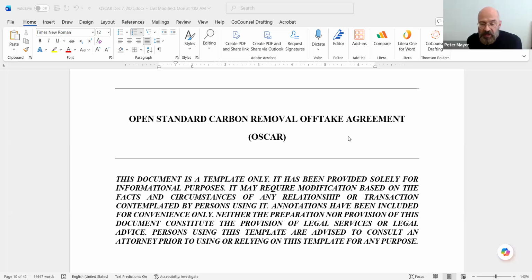An intermediary might want to make some changes to the warranty provision, for instance. But all these changes can be done relatively easily in all kinds of directions. That's what we think. So this is a baseline where we can start from when we want to look at a CDR offtake agreement.